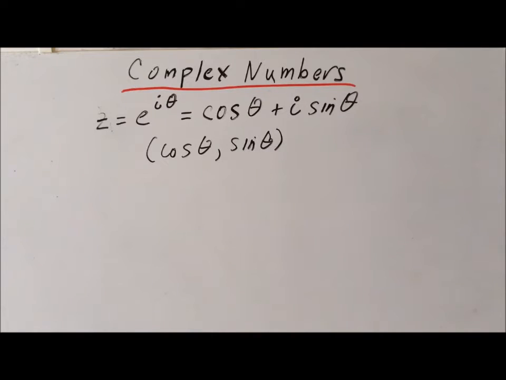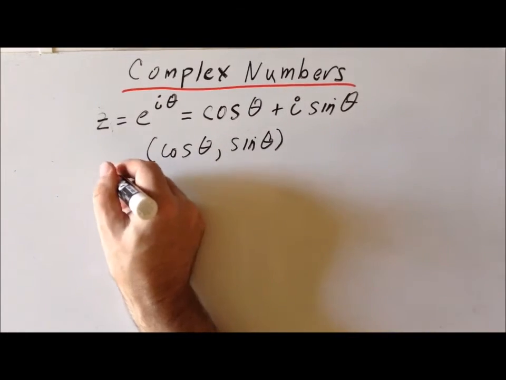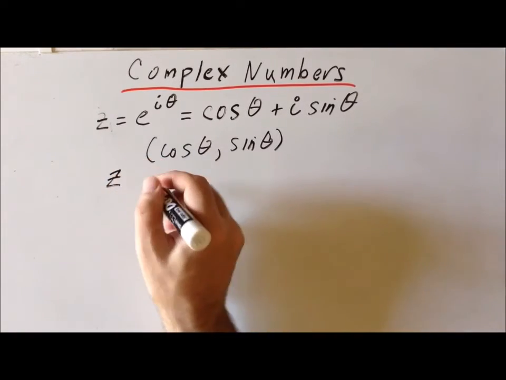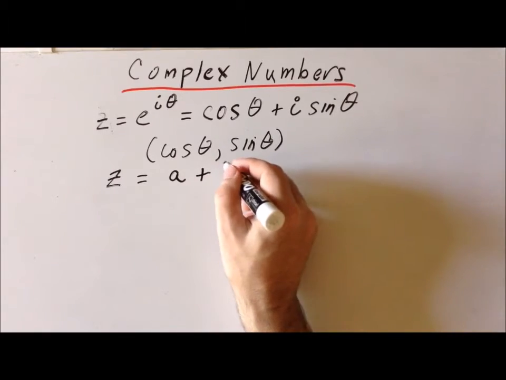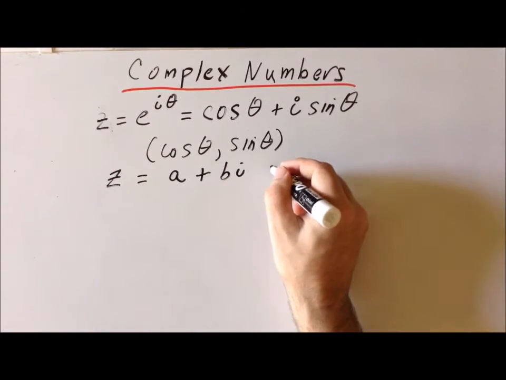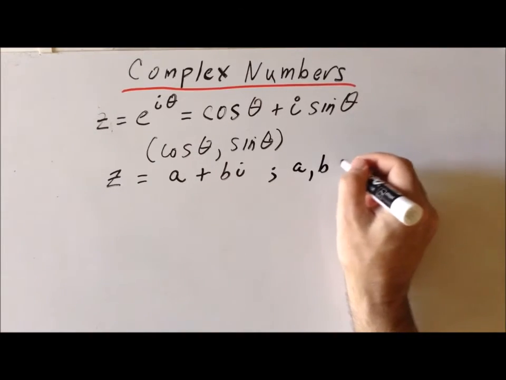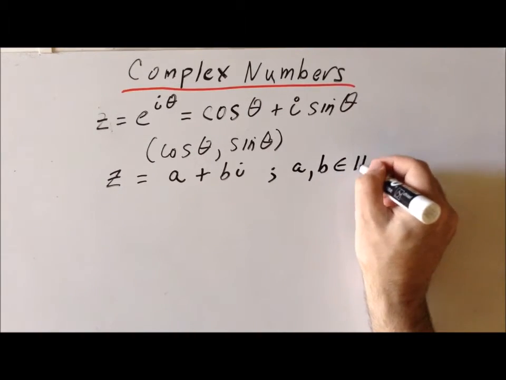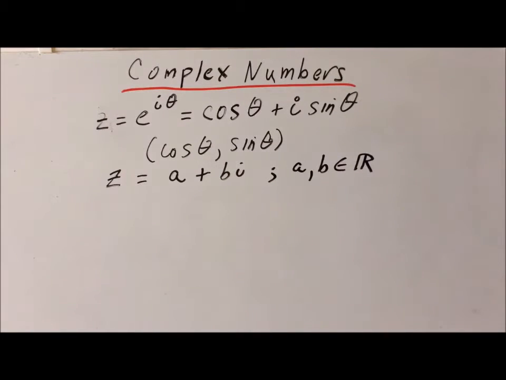We also notice that one of the ways that we use to represent complex numbers is of the form a plus bi. And recall that when we did that, we're assuming that a and b are both real numbers. So through Euler's formula, we can actually write an explicit form for a and b.